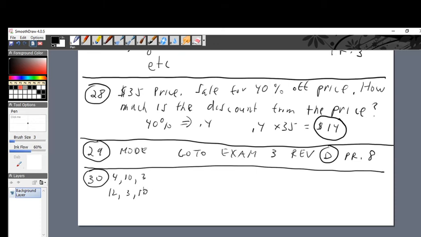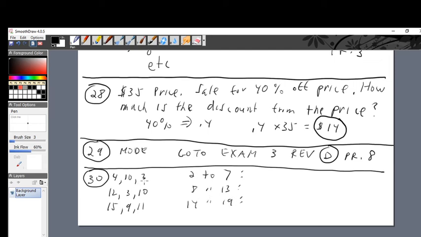Not in ascending order or anything like that. Then 15, 9, and 11. They may give you the sort button on the calculator, they may not, but this is a pretty straightforward question either way. How many belong in the 2 to 7 category? How many belong in the 8 to 13 category? And finally, how many belong in the 14 to 19 category?